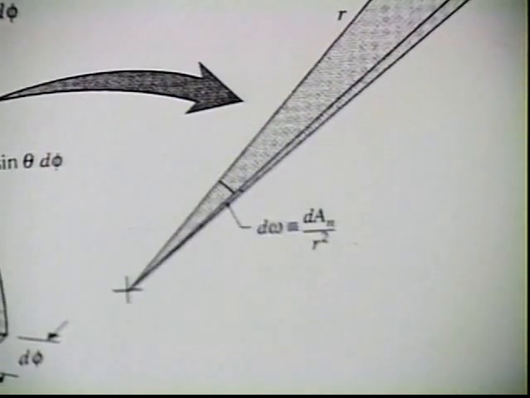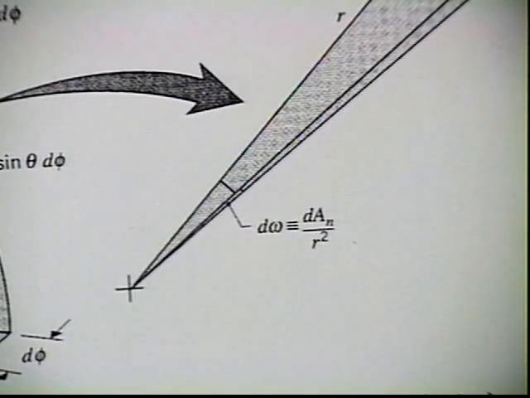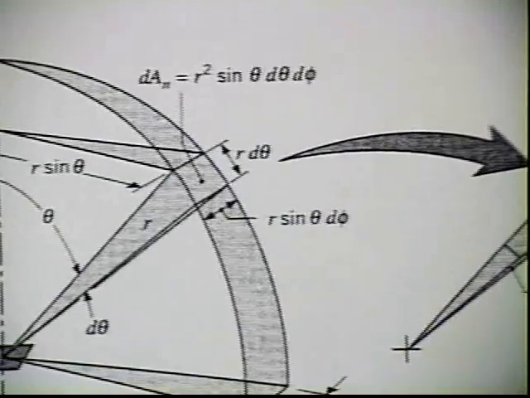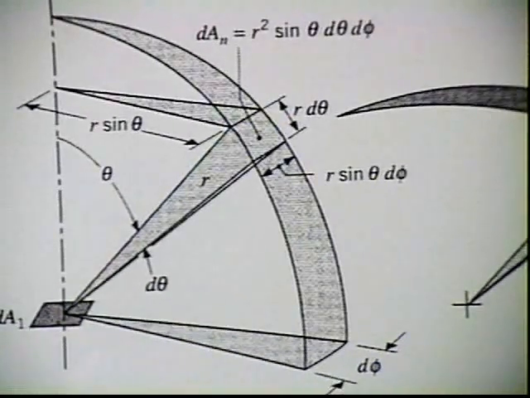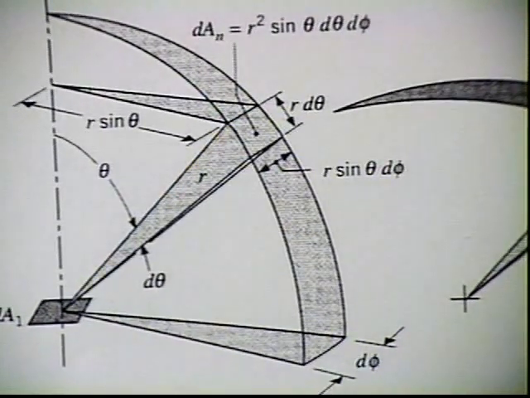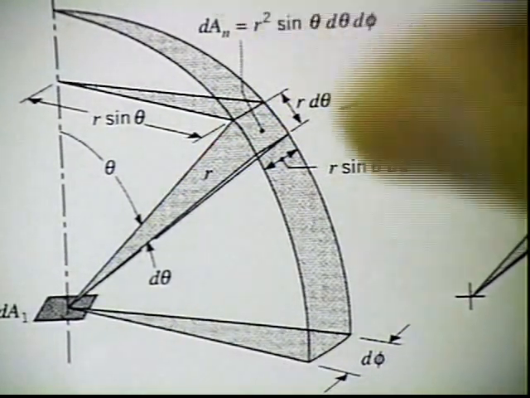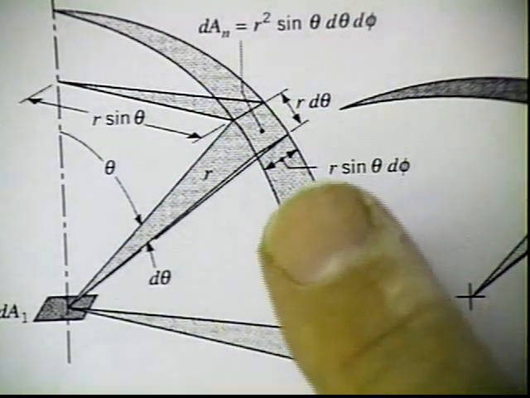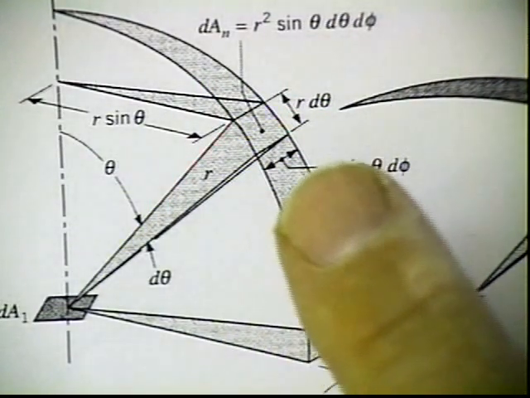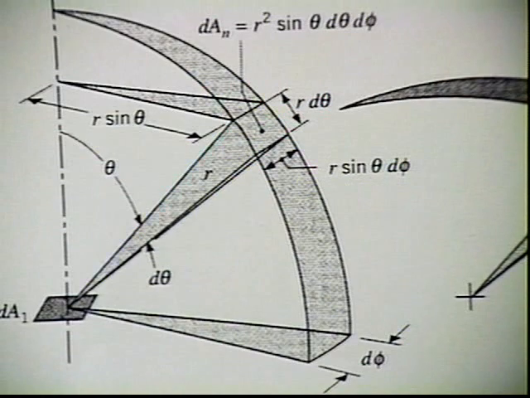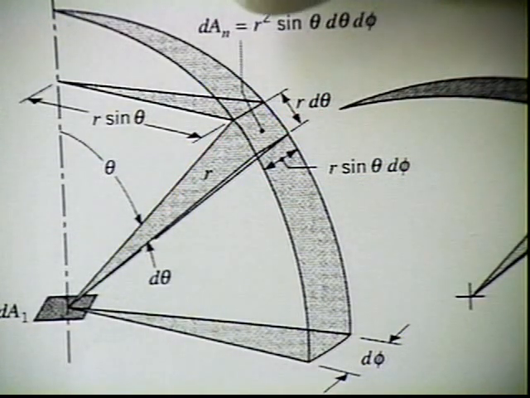There we go. Now, if we draw it in terms of our spherical coordinate system here, you can see that the rectangle that defines dAn is defined by r d theta right here and r sine theta d phi right here. So that means dAn is going to equal r squared sine theta d theta d phi.